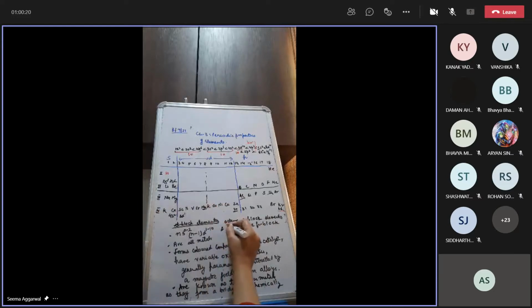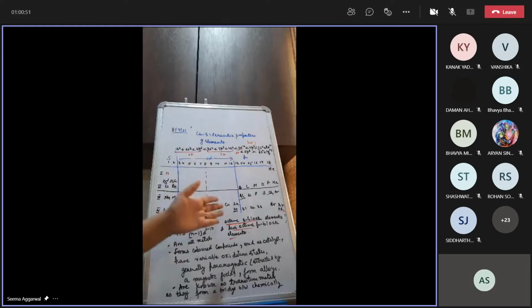Otherwise, you can also write that on one side what is present? Metals. Generally here in the S block there are metals and here generally non-metals. That is, on one side highly electropositive metals, and on the other side the property changes, becoming non-metallic. Or there is a change in property from metals to non-metals. So you can write it any way. If you do not understand general language, you can write: on one side there are highly electropositive metals, on the other side there are less electropositive metals or non-metals.